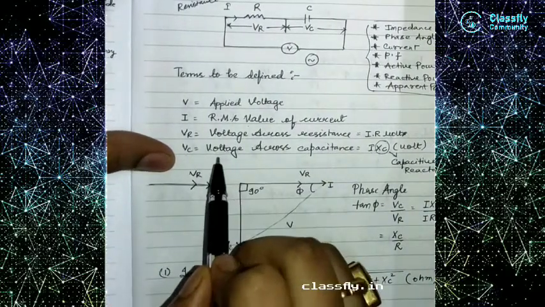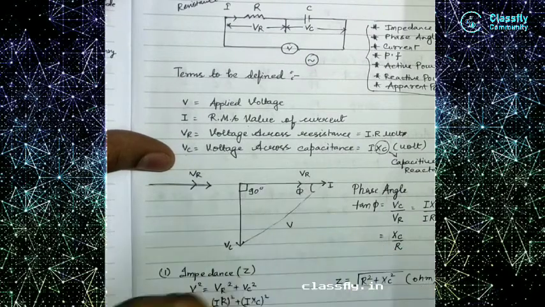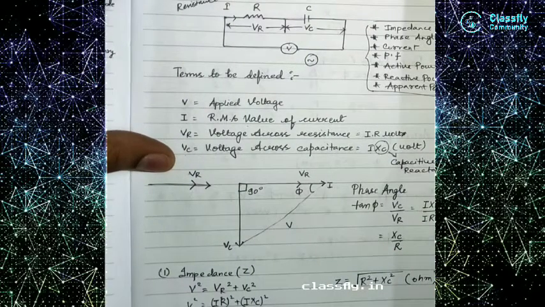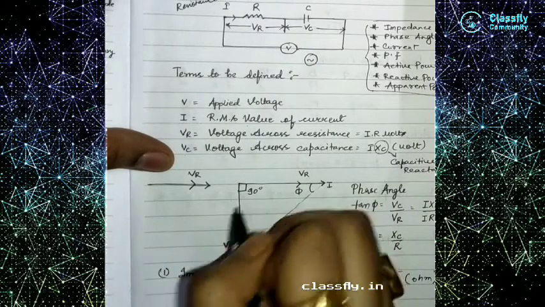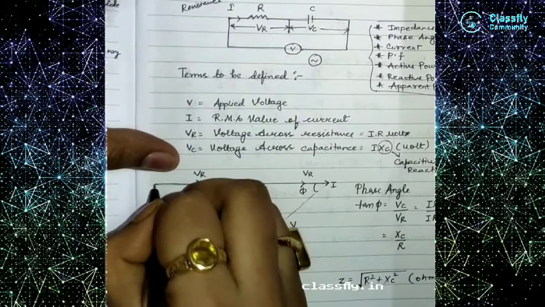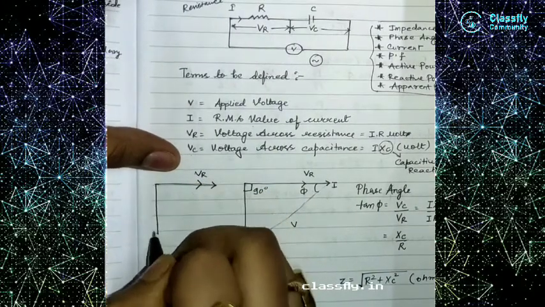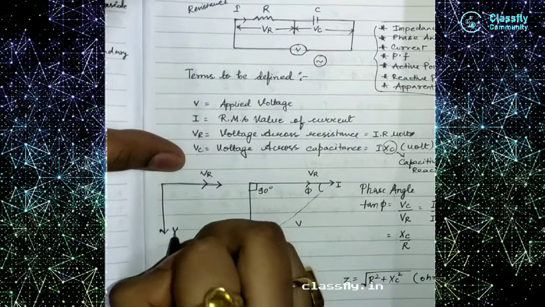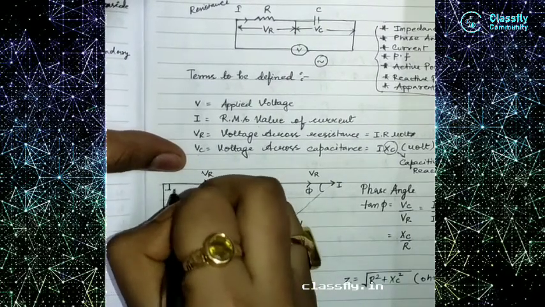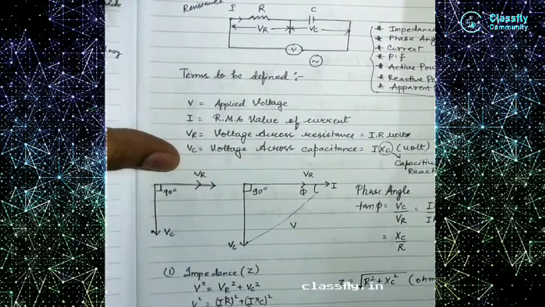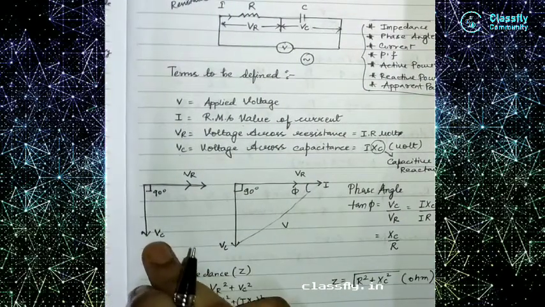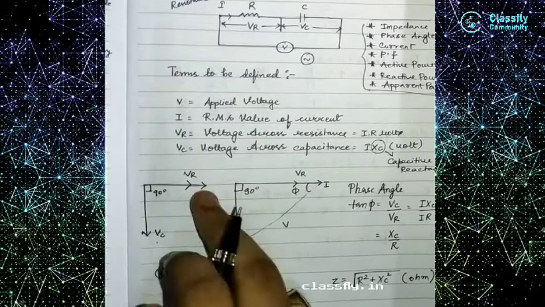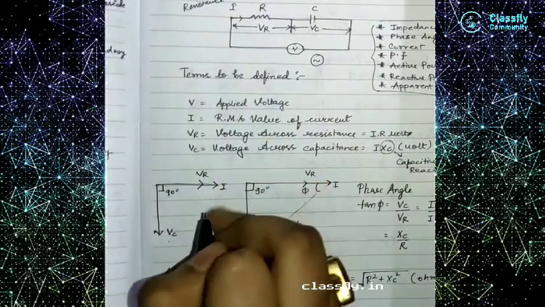But for the voltage across capacitance, the current will be leading by 90 degrees. That means VC will be lagging by 90 degrees, so our VC, the voltage across the capacitance, will be lagging in this diagram from the current.